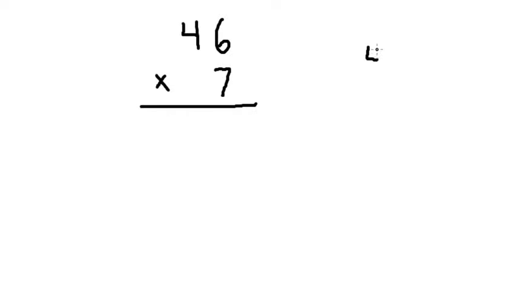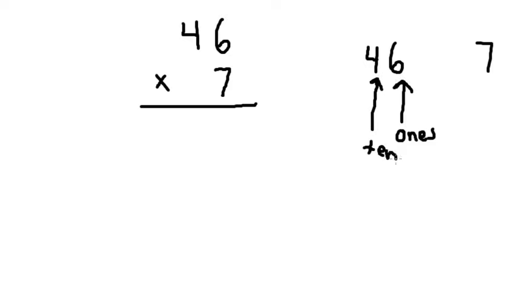So you know how in 46 and 7, the rightmost number is the ones digit, and the digit to the left of that would be the tens digit. So this number, since it's just a single number, that would be a ones digit. So we're going to line up the ones digits. So we have the 7 directly below the 6.